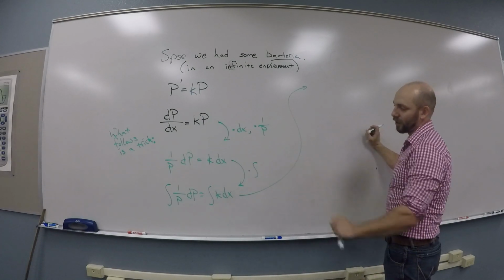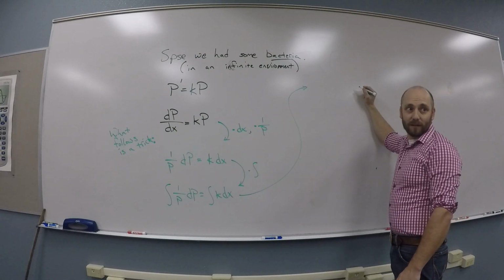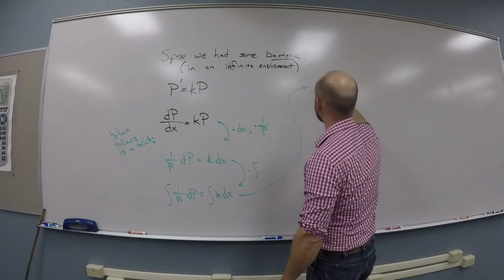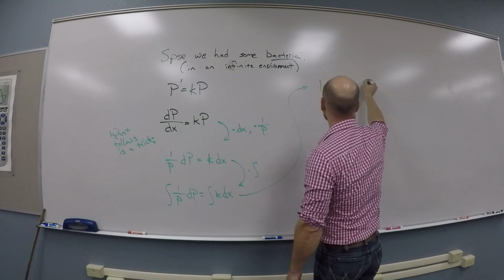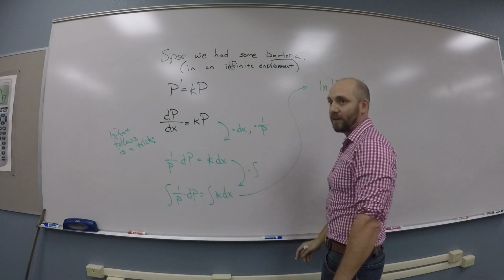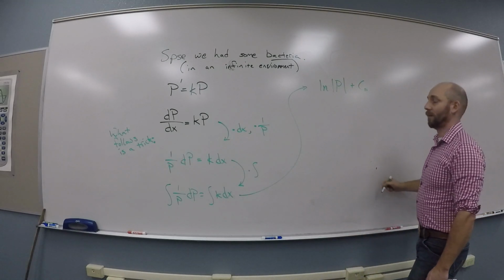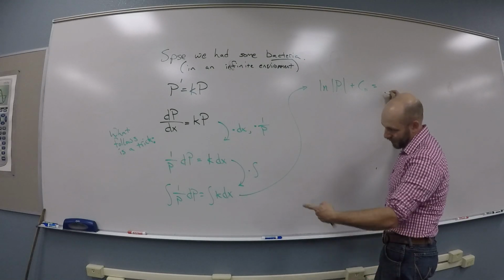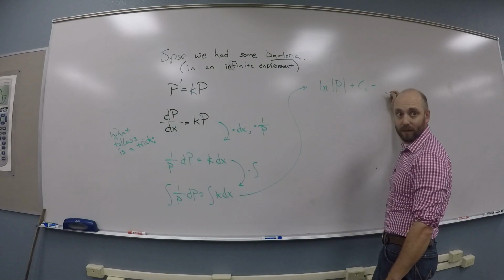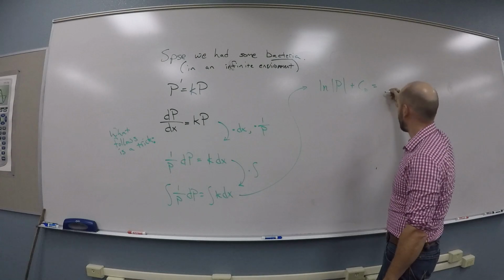Okay. So let's integrate 1 over p dp. Which is ln the absolute value of p. So you get the natural log of the absolute value of p plus some constant that came from the p side. Then on the other side we got the antiderivative of k with respect to x. Kx.